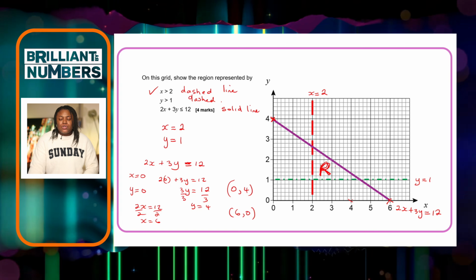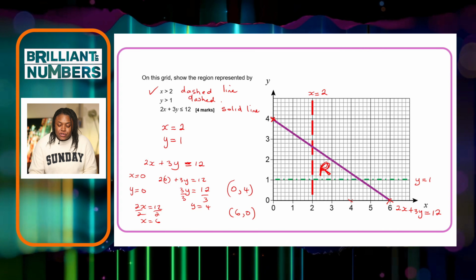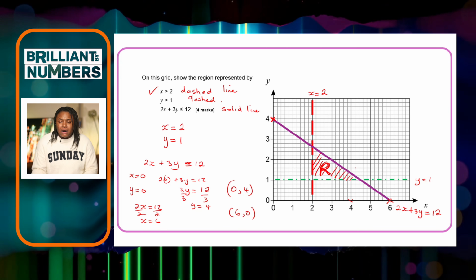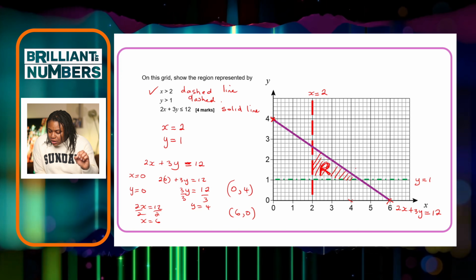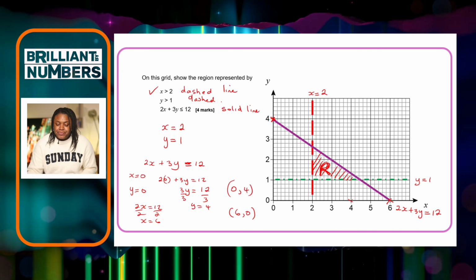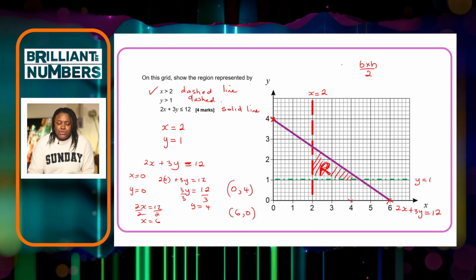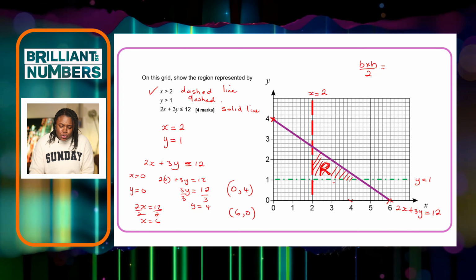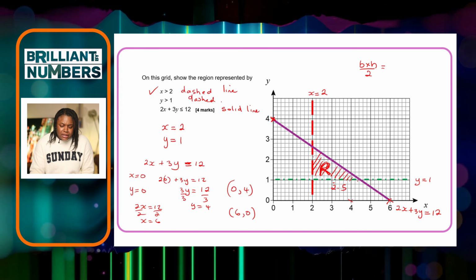This question could have also asked you to find the area of the shaded region. Some people may have just put their shading in like this instead of writing R. A question could then further say, find the area of the shaded region. The shaded region is a triangle. So let's just do it and extend the question. Base times height divided by 2 is the area of the triangle. So the base is 2.5 squares across, and the height of the triangle is 1.